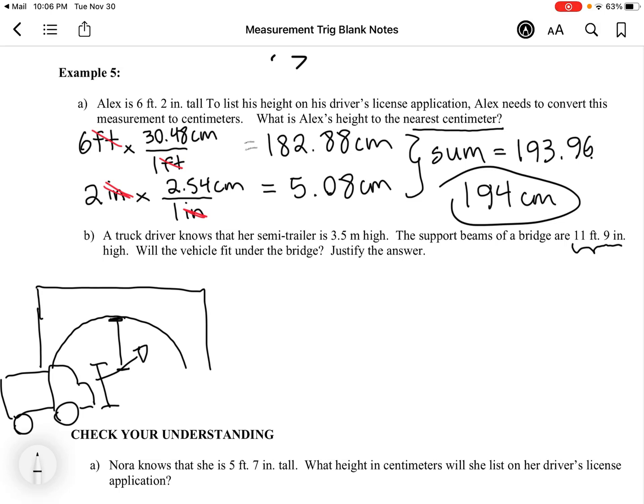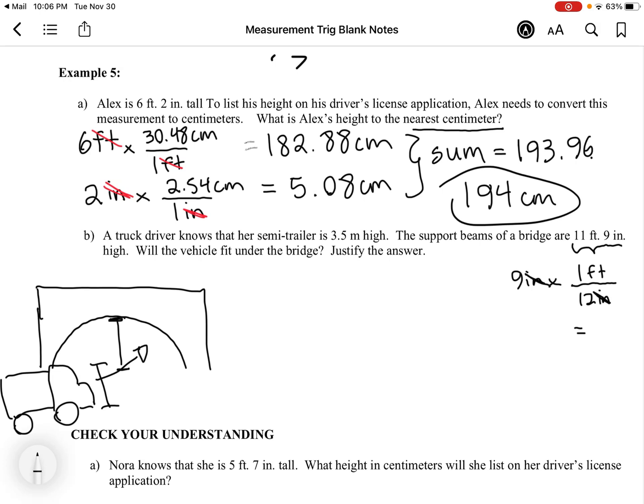So remember that there are 12 inches in a foot. If I convert the 9 inches into feet, then I'd have the 12 inches in the denominator and the 1 foot in the numerator, and then these cancel. So this is 9 times 1 divided by 12.